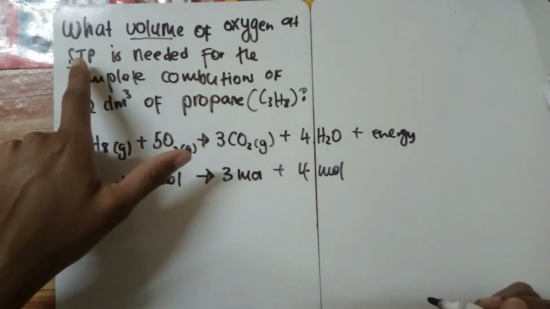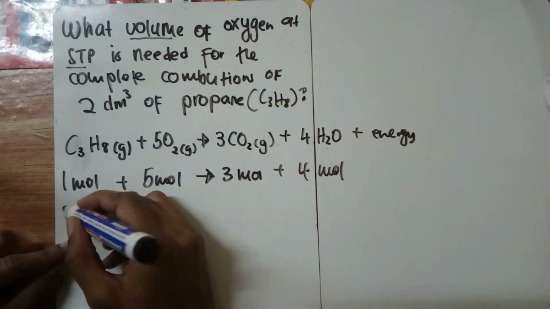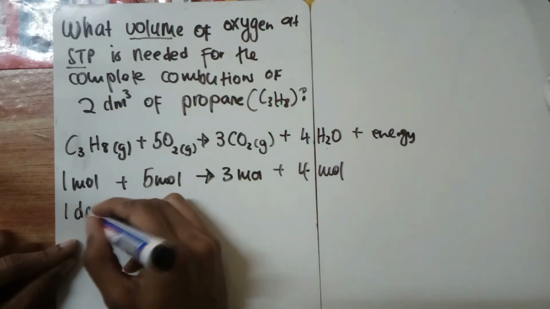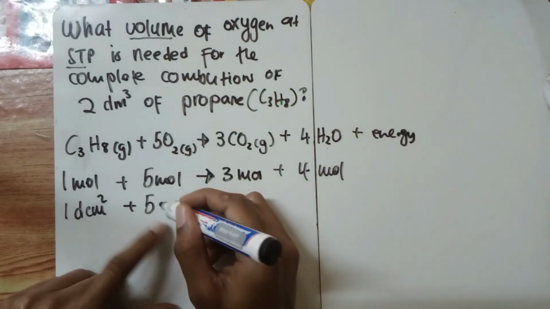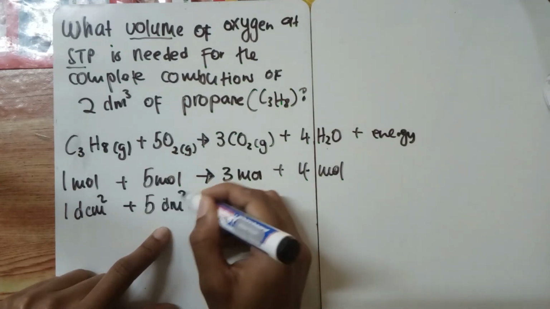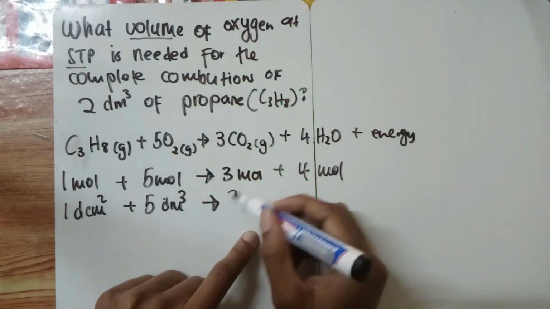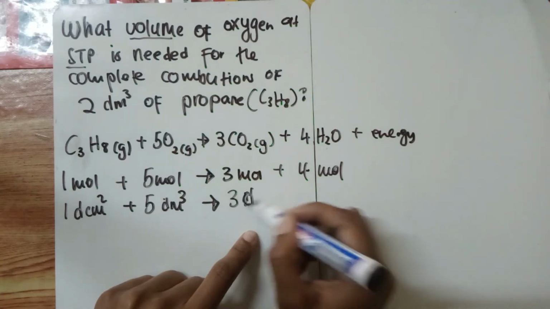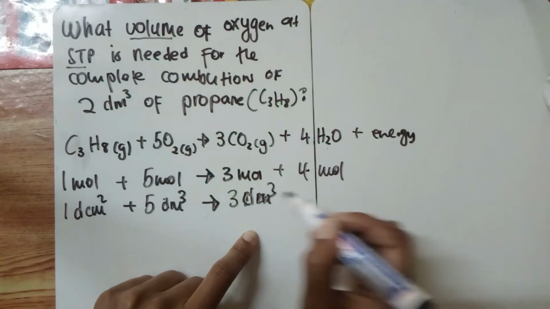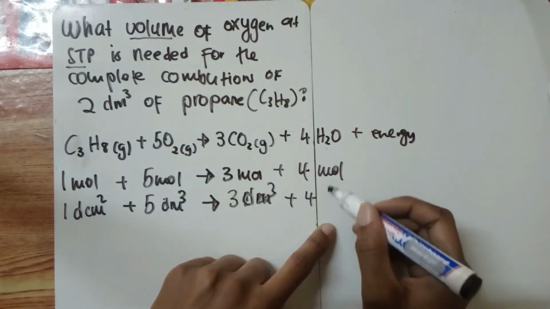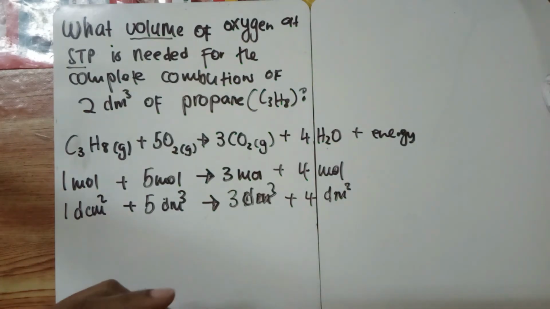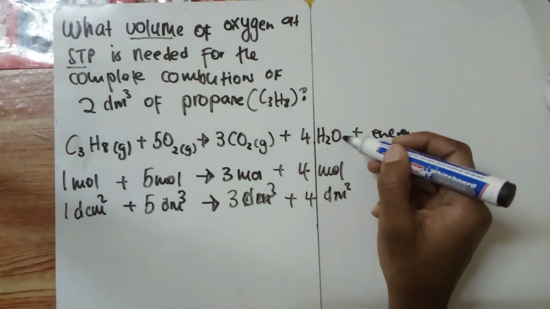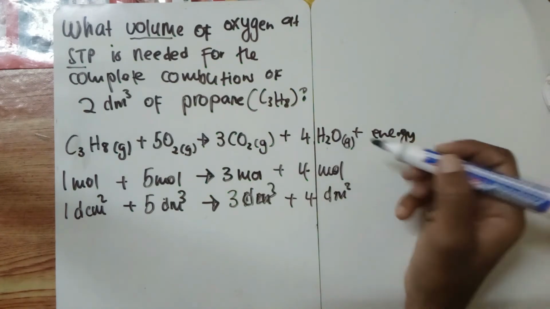Because it's at STP, we can also say that 1 cubic decimeter will need 5 cubic decimeters, which will give us 3 cubic decimeters plus 4 cubic decimeters of water, right? Because it's at STP, and all of this is a gas as well.